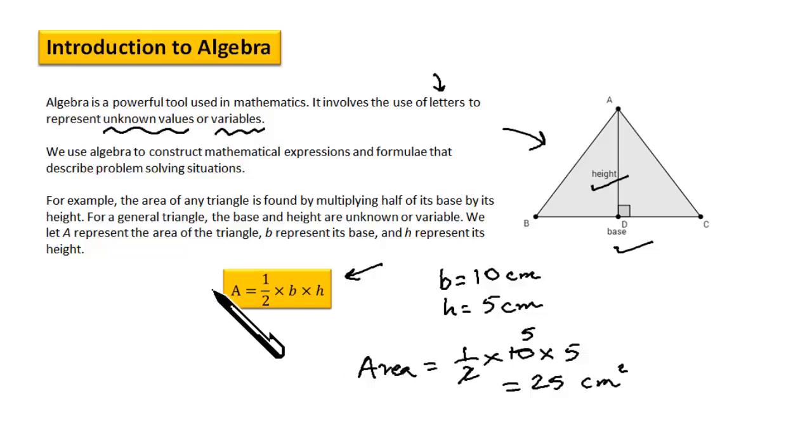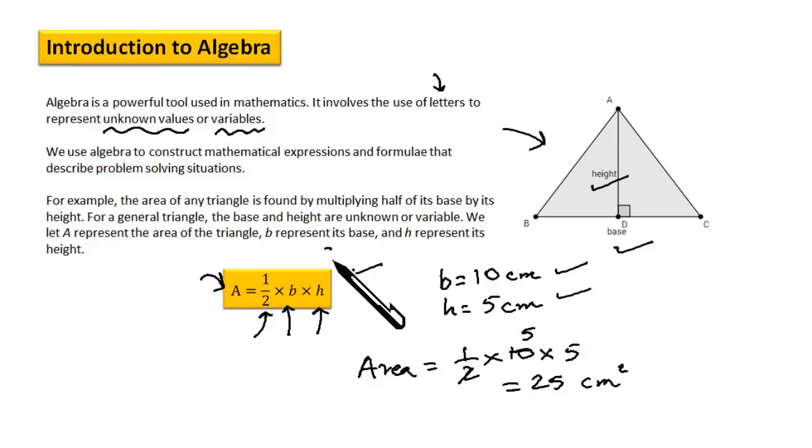We have used letters like A for area, B for base, and H for height. And we have also used a constant, a coefficient over here, which is 1 upon 2. So by using this formula, we can describe the area of any given triangle. But if I say, just give me the base and the height and I'll calculate the area for you, the base is 10 and the height is 5, so the area is 25. Oh, the base is 1 and the height is 1, the area is half. So it would be very, very complicated.